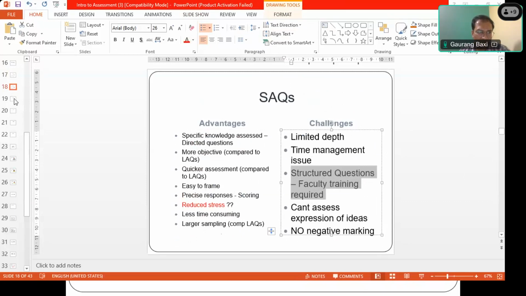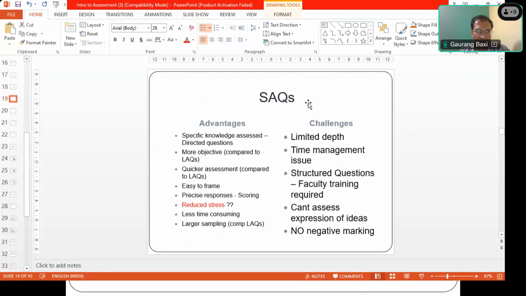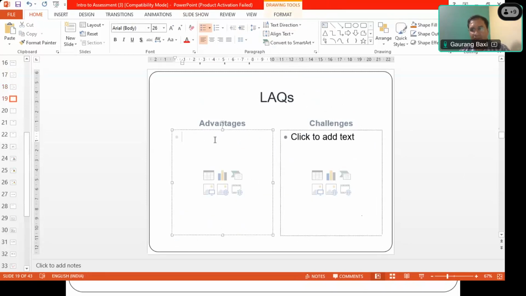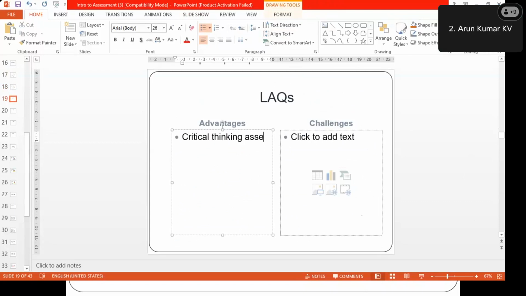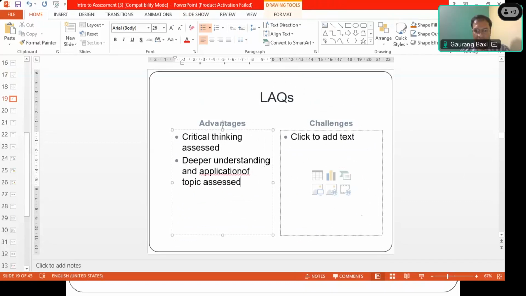Okay, thank you. Let's move on to the next assessment tool, which is LAQs. Can we have the advantages, please? Sir, critical thinking can be evaluated. Okay. Deeper understanding of the topic can be assessed. Fine. What else?